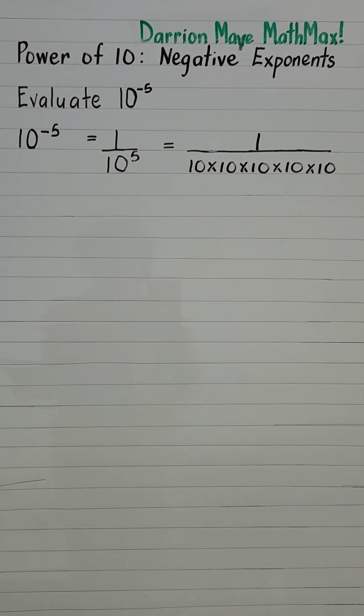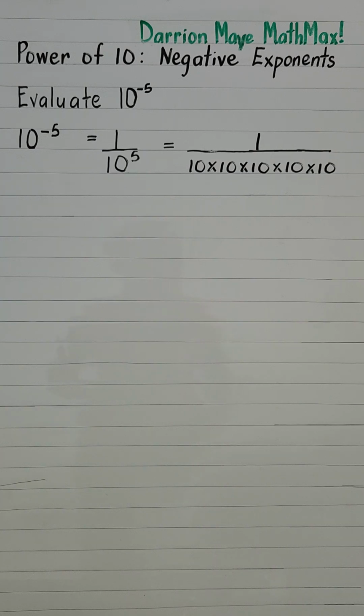So 1 over 10 to the 5th is equal to 1 over 10 times 10 times 10 times 10 times 10. So what we have done, we have evaluated the denominator by multiplying 10 by itself as many times as the exponent.